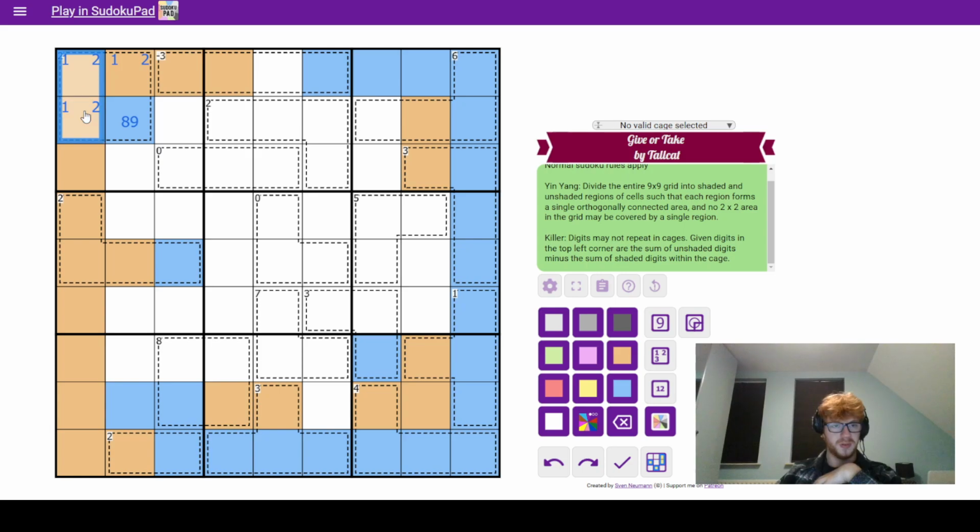Well, it would force a 1 and a 2 here and here because this would have to contain one of 3 and 4. This would have to contain the other of 3 and 4, and then 1 goes here or 2 goes here or whatever. And this would both be 1, 2, which means this couldn't be a 1 or a 2. And it's blue minus orange, but this could be a 3 and this could be like an 8.